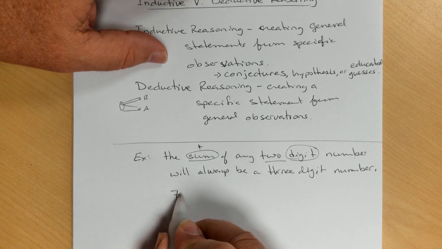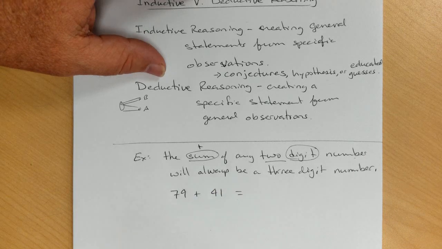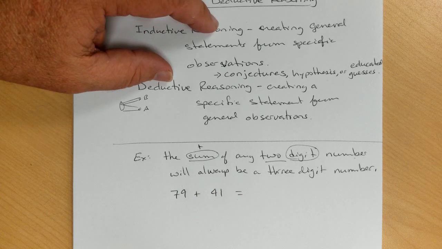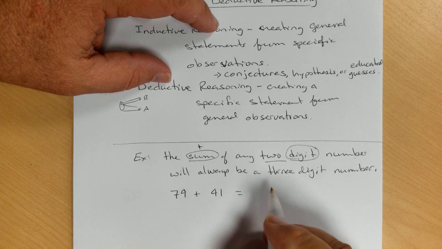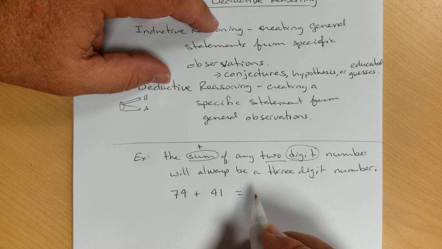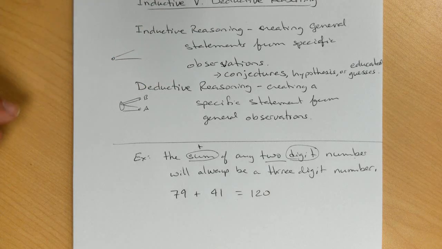Like 79 plus 41 equals what? Don't use a calculator, use a pencil and paper. Use your brain. 120. I don't want to see any calculators in here unless you start using pencil and paper and brains.